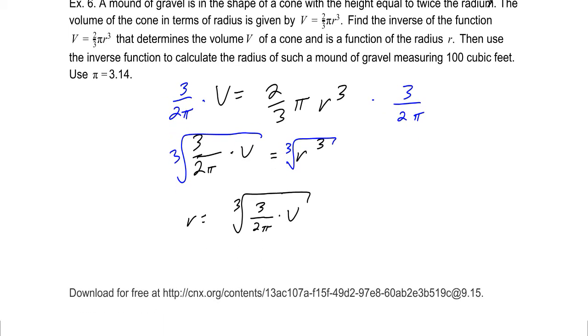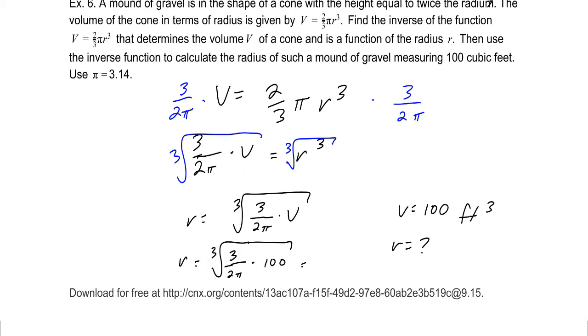There's our inverse function. Now, if we have a volume of 100 cubic feet, then we evaluate: radius equals the cube root of 3 over 2 pi times 100.